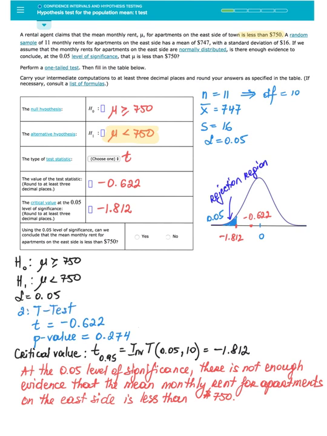Alpha stated. Then I go into t-test and enter this information that I have and compare it to 750 as my mu sub 0. And t-test on TI-84 will produce t-value, the test statistic, at negative 0.622 and p-value of 0.274.